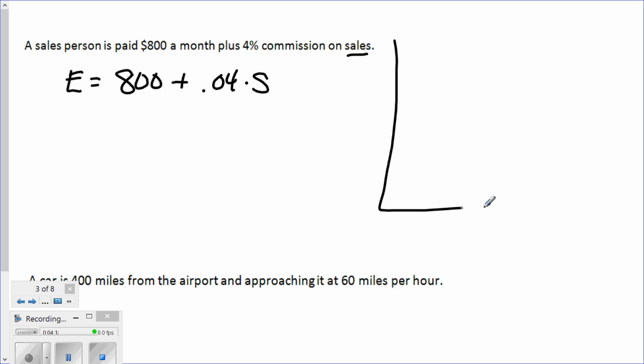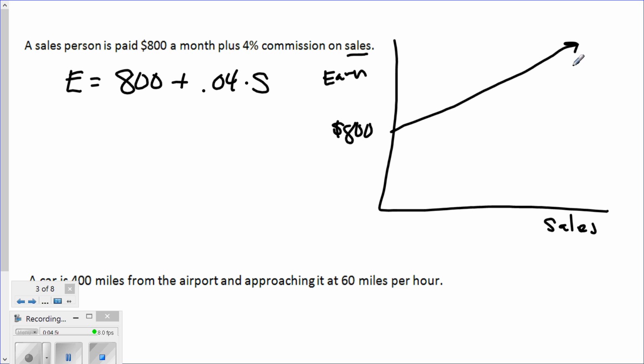Graphically, we would probably only want to look at the first quadrant because sales really cannot be negative, and hopefully the earnings are never negative for the salesperson. So our independent variable would be the sales. Our dependent variable, our y value, would be the total earnings. And the salesperson starts off with earnings of $800, and then the earnings increase at 4% of whatever the sales are.